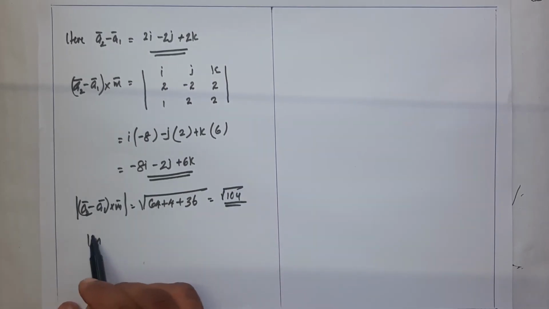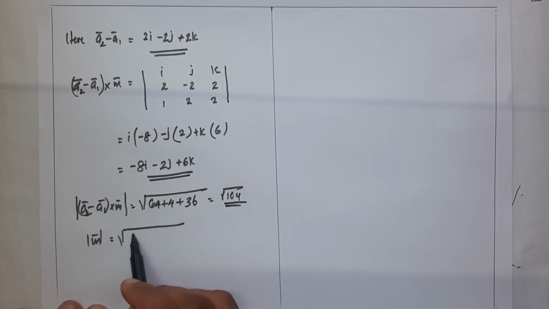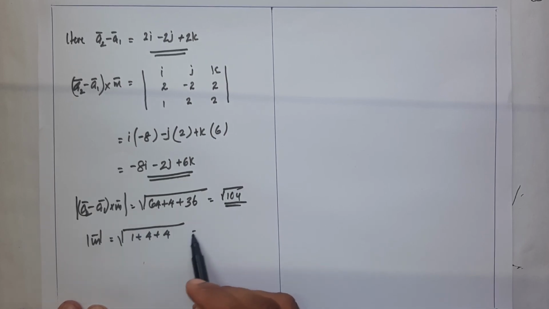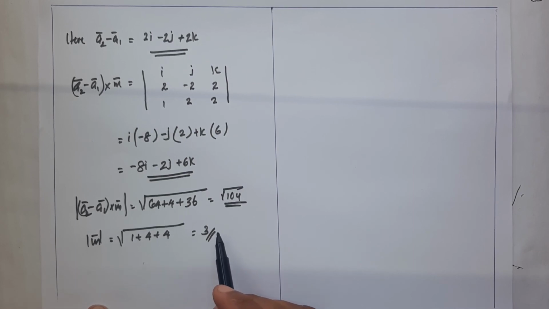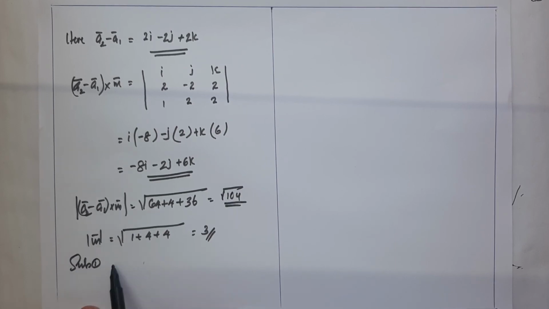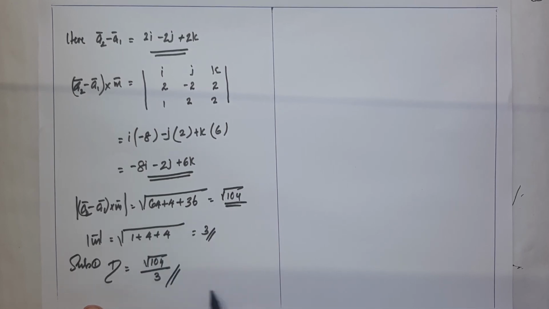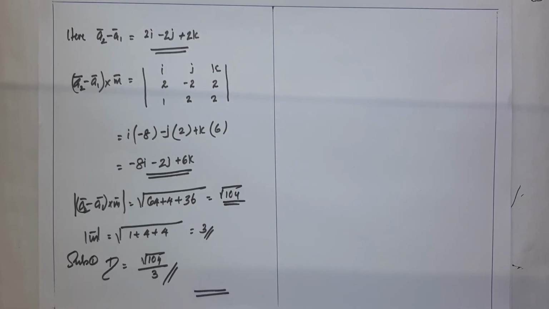Then mod m is the square root of 1 + 4 + 4, which is 3. Substituting in equation number 1, the distance between them is root 104 divided by 3. That's all. That is the distance between two parallel lines. In our next video we will start our next section. That's all. Bye.